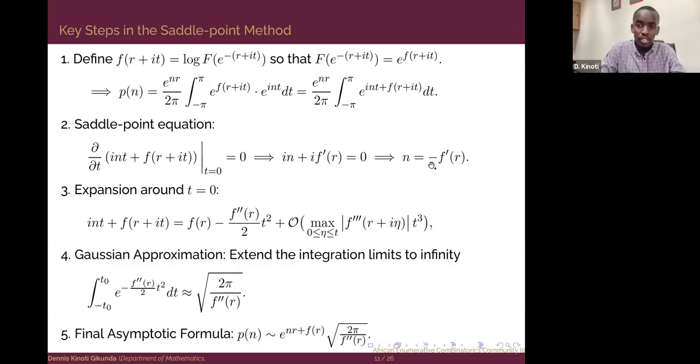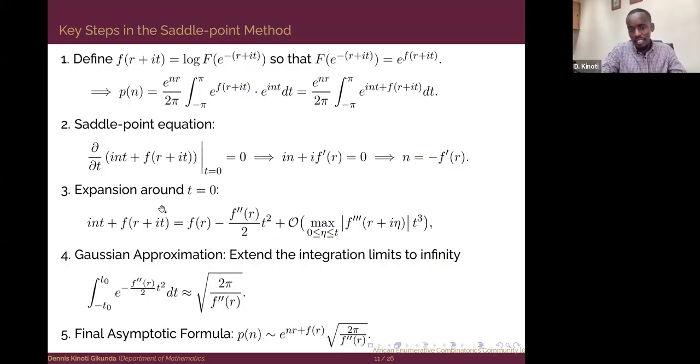And this saddle point equation is where we get the value of R. It should also give the relationship of n to R. So remember, R is a saddle point which we carefully choose, and then we get the relationship to n, and our n now takes us to the integer n.